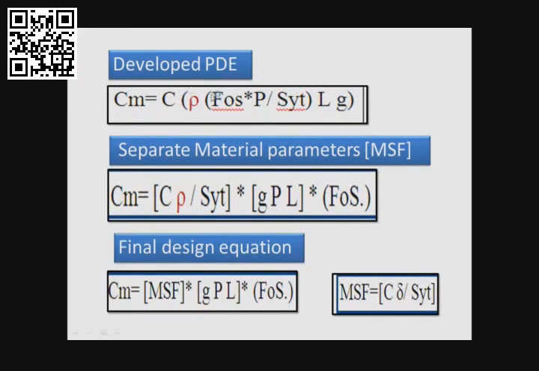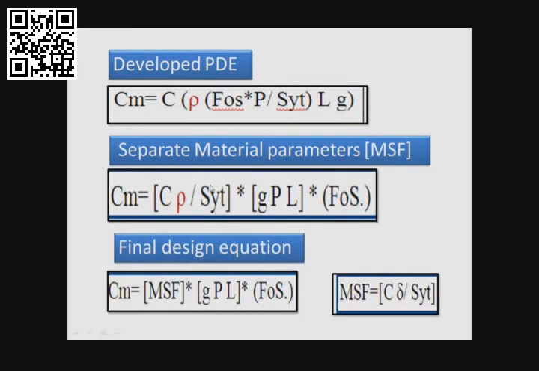Other things do not depend on the material. FOS does not depend on material. P is the force applied, not dependent on the material. Length does not depend on material. G is a constant. So the material properties are C, rho and SYT. So you write C into rho upon SYT separately, and the remaining parameters you write separately.